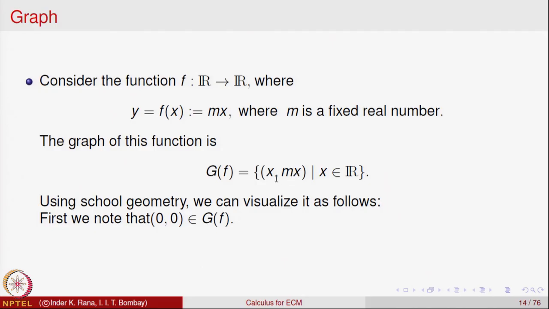So, the point with coordinates (0, 0) is on the graph of the function. Next, let us take 2 points P and Q on the graph. The first point has x coordinate x1. So, what will be the y coordinate? m x1. Q has x coordinate x2. So, the y coordinate will be m x2, because that is the function f of x.